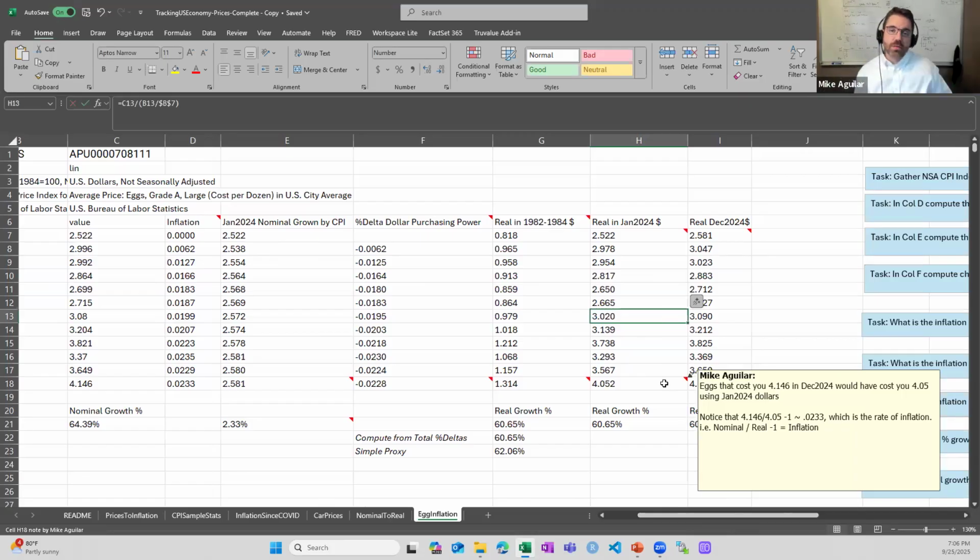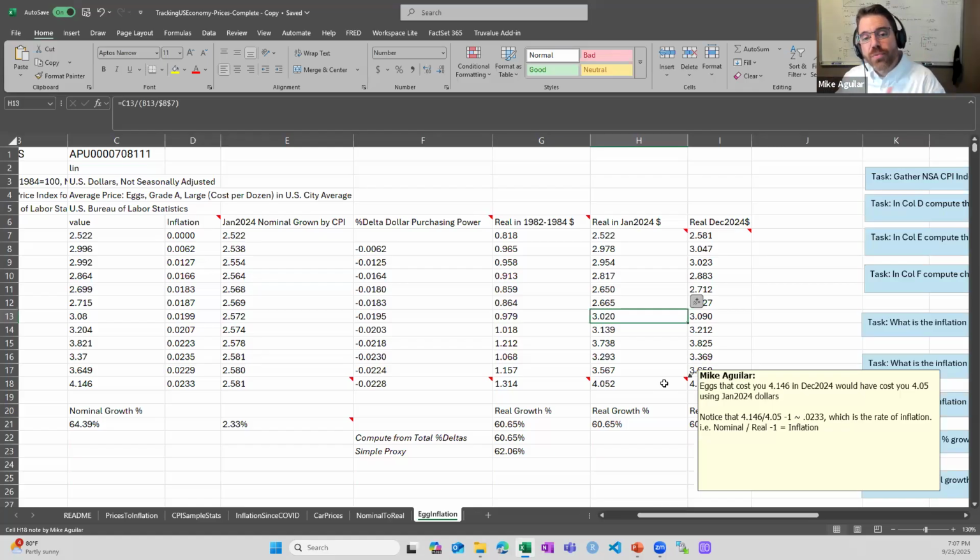Eggs cost you $4.14, 15 cents in December 2024. If you use January 2024 dollars, which are a little bit stronger, it would have cost you $4.05. Not $4.14, $4.05.